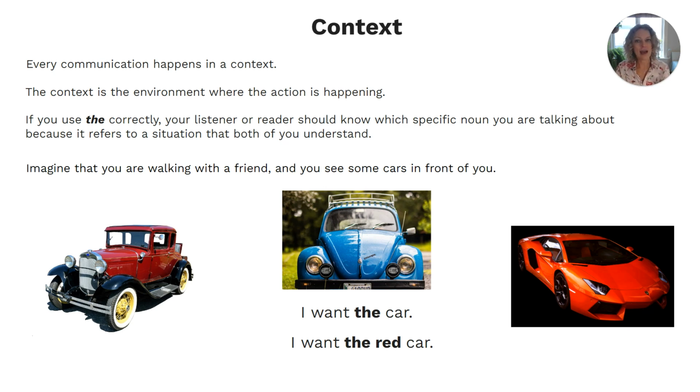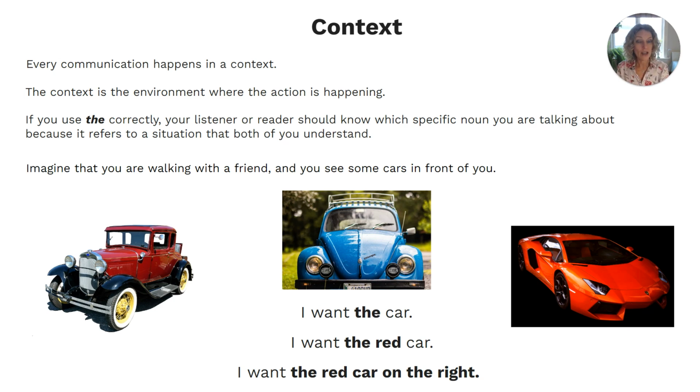You can't just add an adjective and expect that's going to solve the problems. How about if I say, I want the red car on the right? Okay, now we are being specific to our context. So our context in this communication is these 3 cars, looking at these 3 cars.